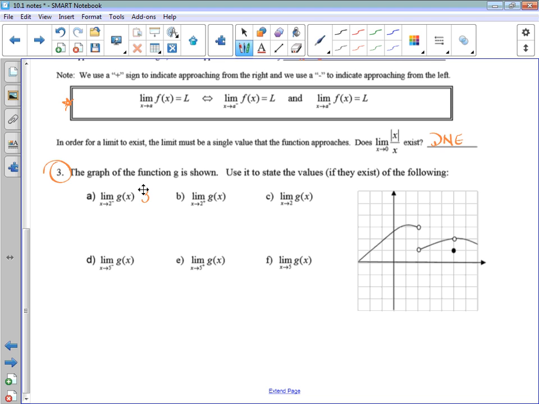What'd you get for B? 1. What'd you get for C? They don't match. It does not exist. You need it to be an E. All right, letter D, what'd you get? 2. Okay, E is 2. They match. It's 2. Easy? Okay, turn the page.